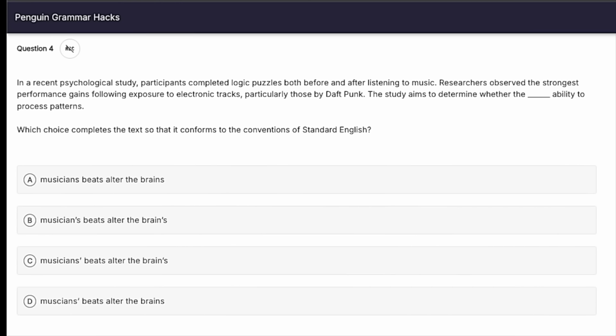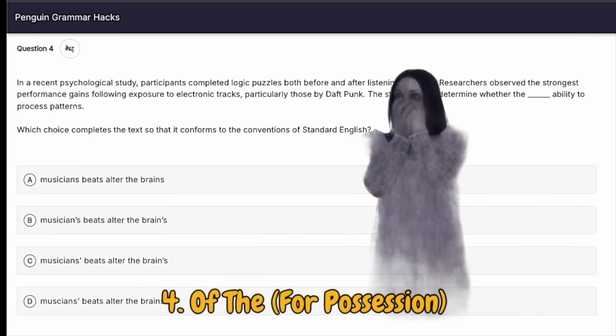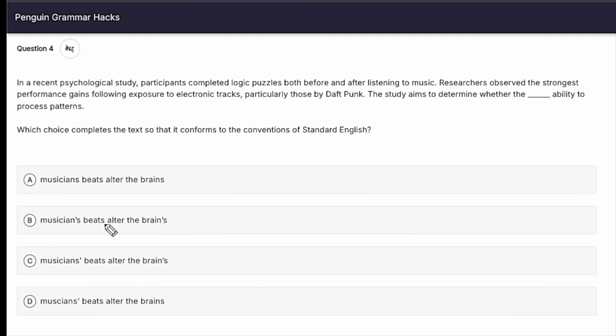And for our last hack, instead of ignoring words, we're actually going to add a couple of words, specifically the words of the. So here, for example, there are a couple different options that indicate musicians and brains are owning something or possessing something. All we have to do to check if we're unsure is use of the to see if it makes sense.